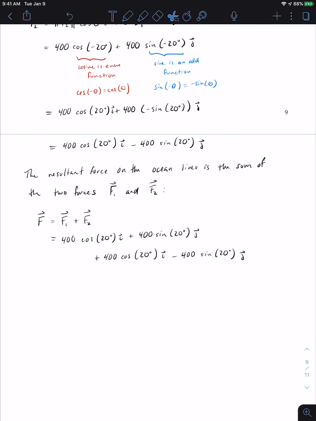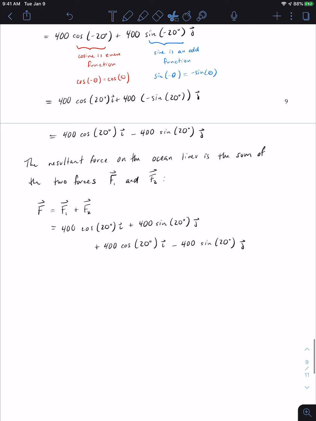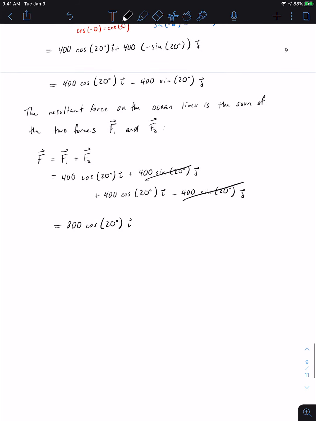And now notice that this sign is going to cancel out with that sign because they have opposite signs. And I end up getting 800 cosine of 20 degrees times i, which is approximately, if I multiply that out, 752i.